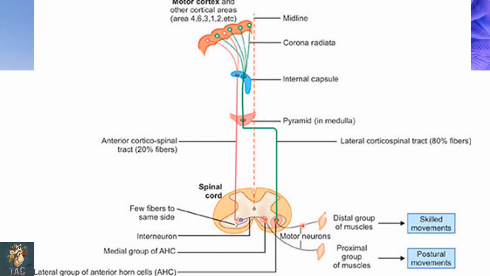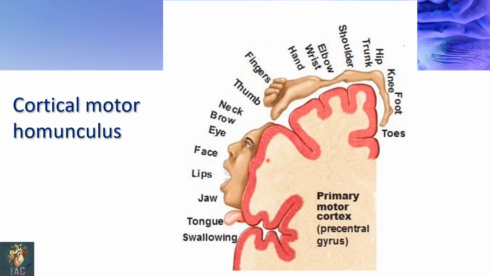So the crossed one is lateral and the uncrossed is the anterior. This is the cortical motor homunculus, showing different areas of the body represented in the cortex, and this area represents the toes, then the foot, knee, hip, trunk, shoulder, elbow, wrist, hand.